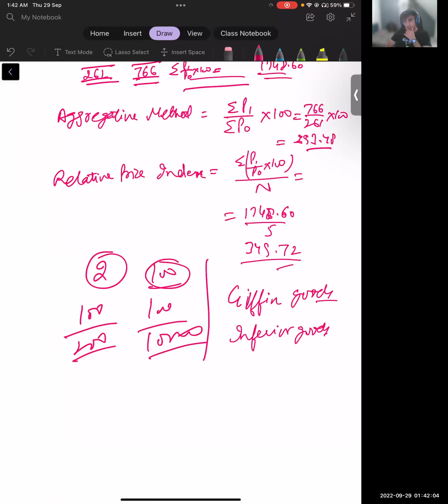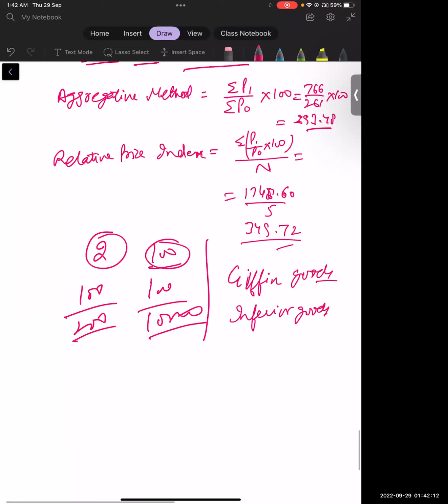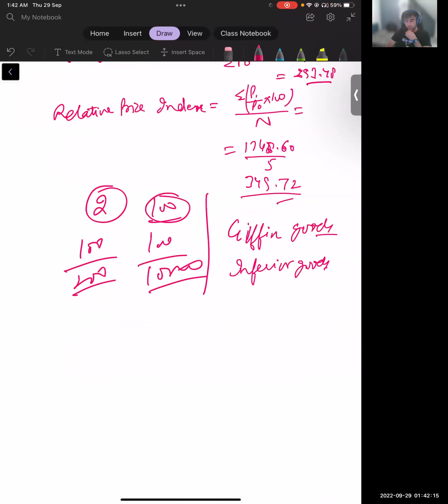Okay. Now, my question is, if earlier the price of a good B was 50 rupees, now it has become 120. Earlier you were buying 10 commodities, now you are buying only one.